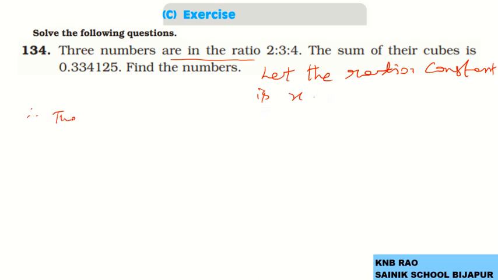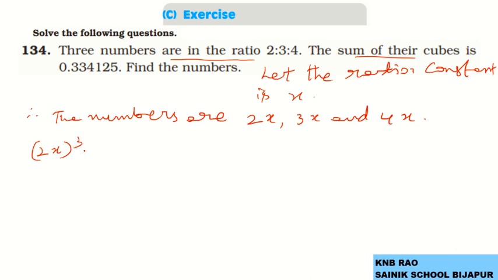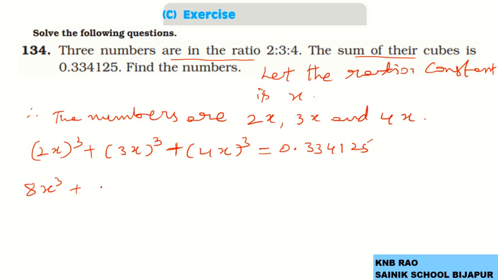Therefore the numbers are 2x, 3x and 4x, and the sum of their cubes is 0.334125. So (2x)³ added to (3x)³ added to (4x)³ equals 0.334125.